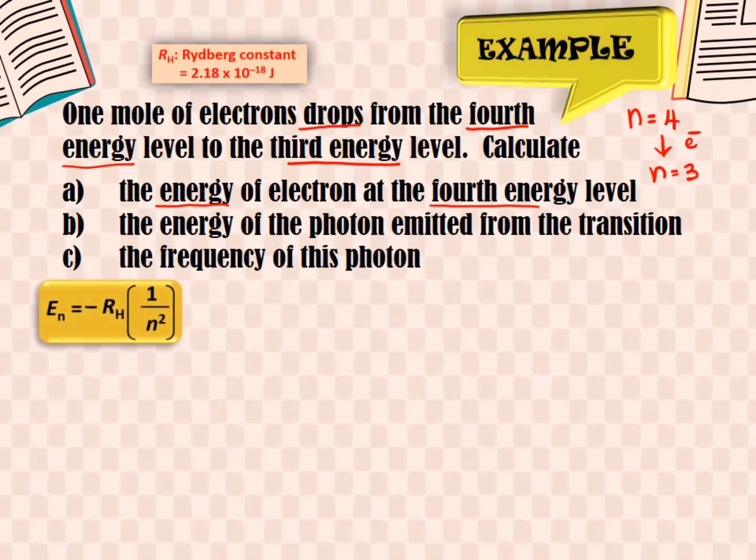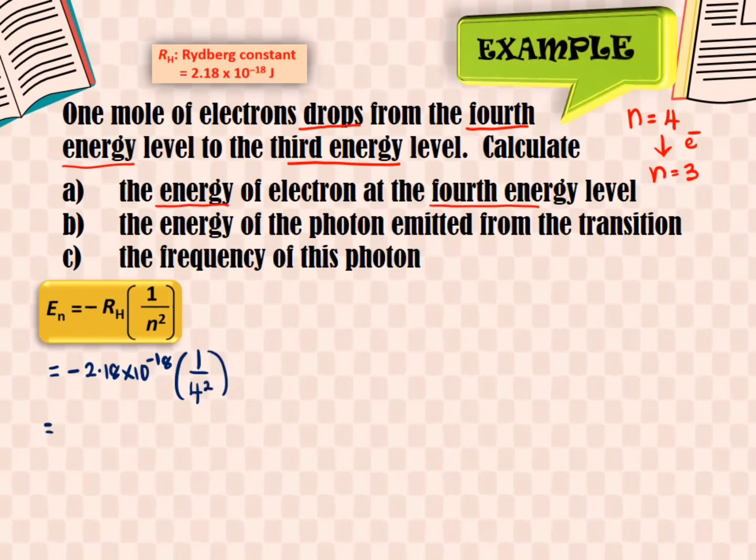So, we are going to use this formula, which is En equal to negative Rydberg constant 1 over n squared. So, you just substitute all the value. We have the value of Rydberg constant just now, 2.18 times 10 power of negative 18. n kita adalah 4. 4 squared, and then press your calculator.